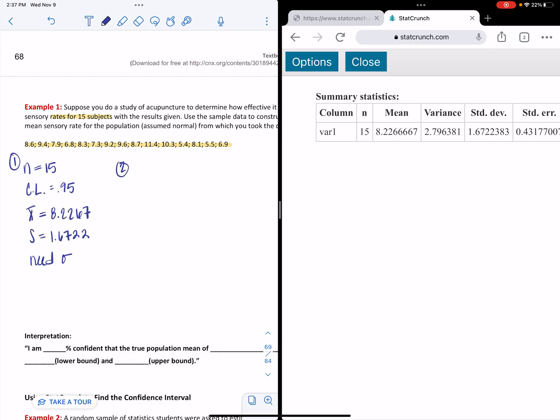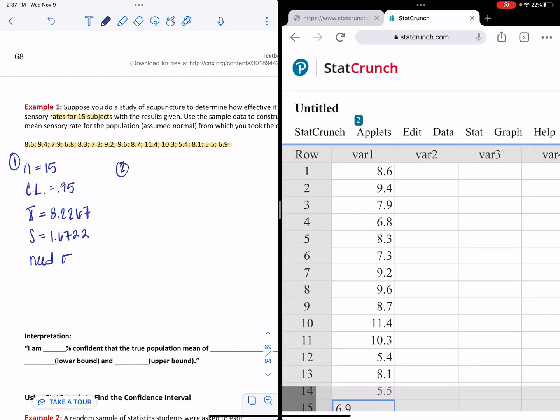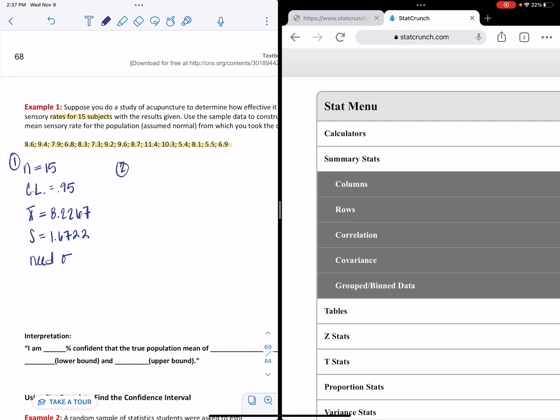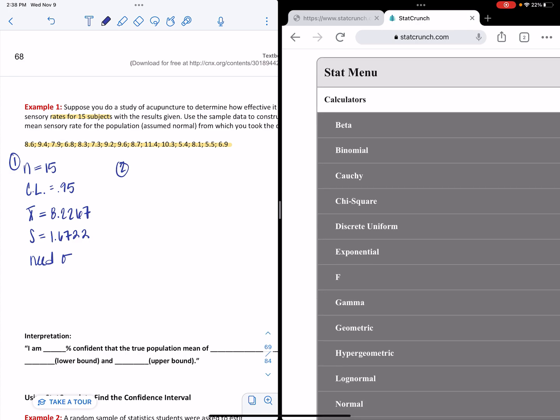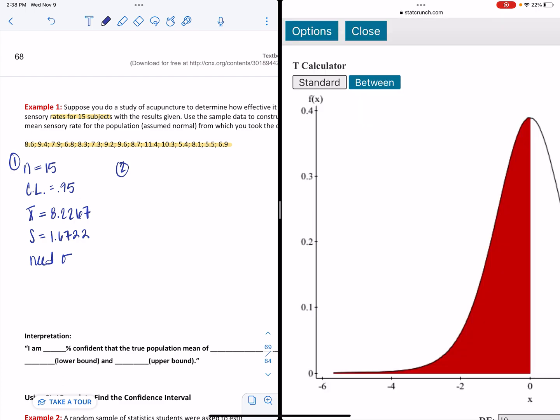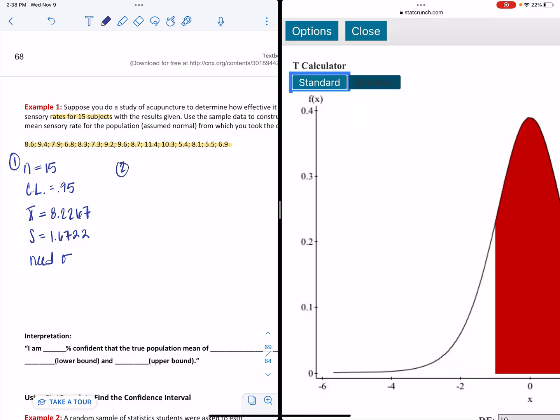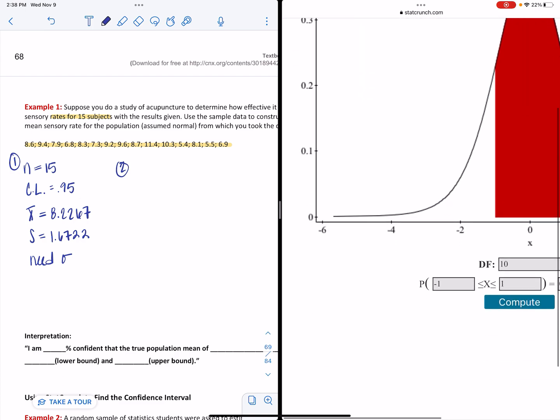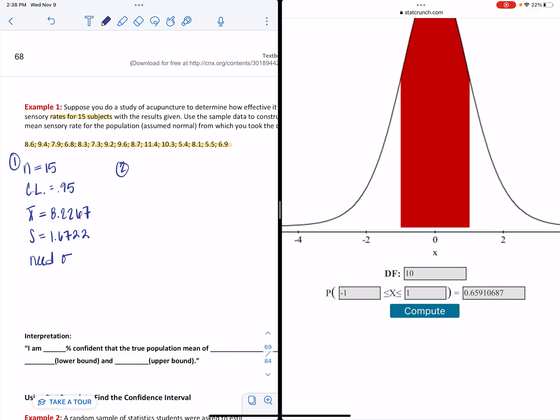Step 2 on the list is to find the critical value. So to find the critical value, I'm going to go to Stat, to Calculators, but this time I'm going to go all the way down to T. I'm going to choose between. Now here's where degrees of freedom comes in. We have an n value of 15.